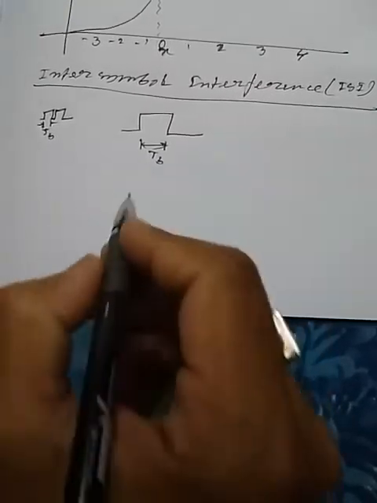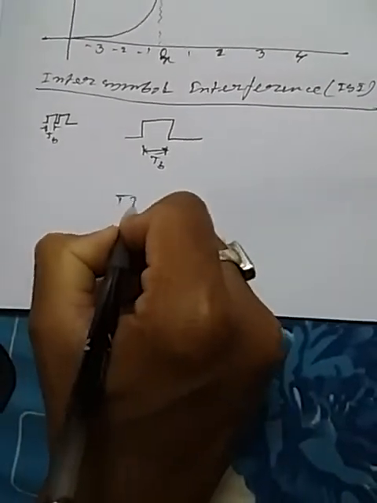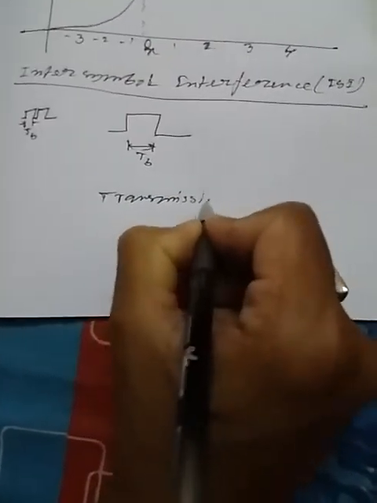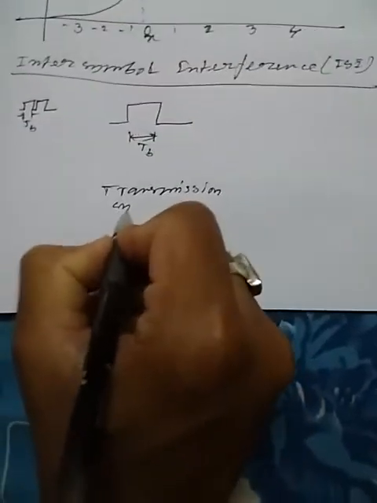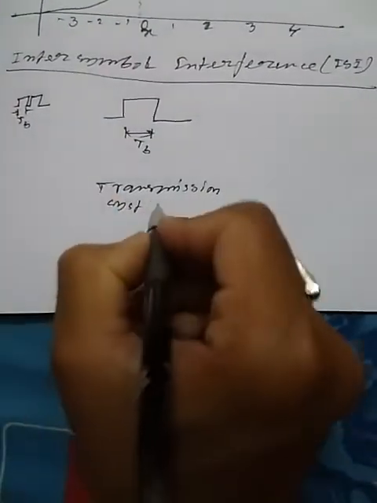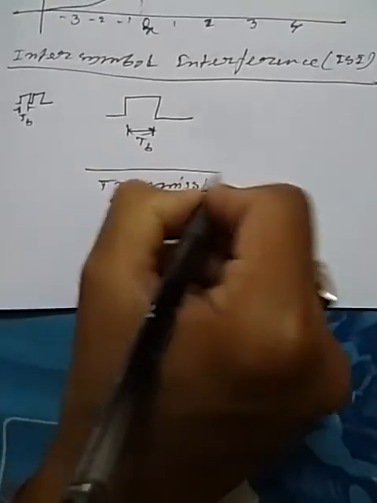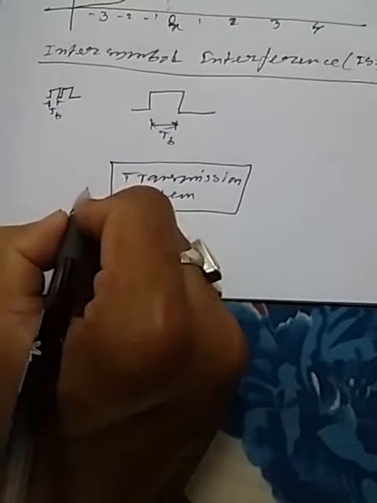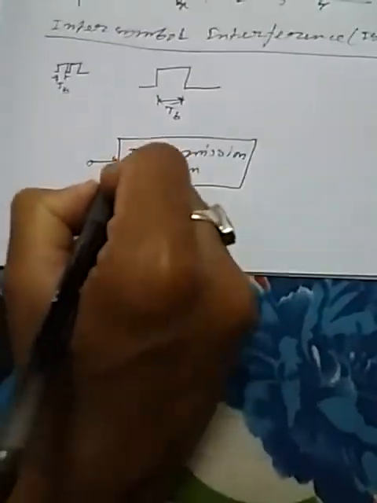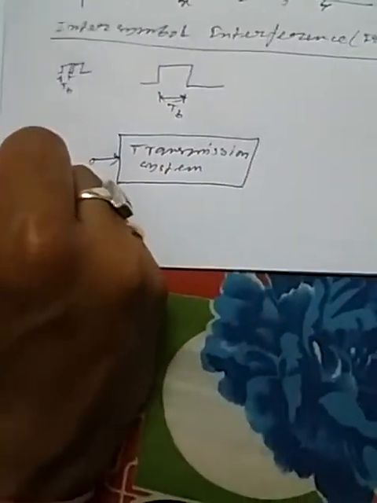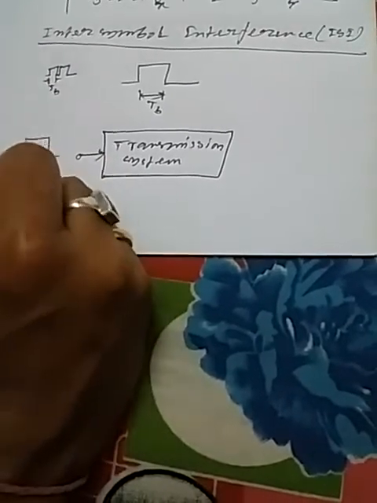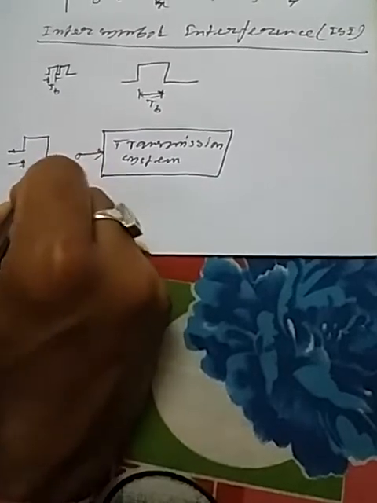So if this is a transmission system, and here one bit is transmitted as a symbol of duration TB, so this bit is transmitted.